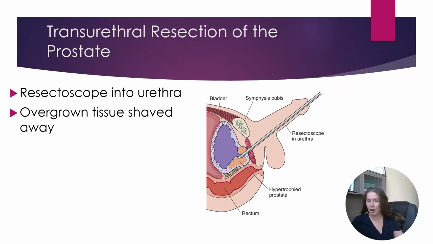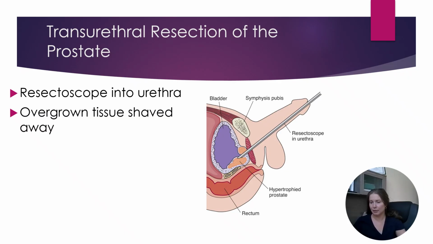This is where the surgeon is going to use kind of like an electrical loop and shave off any excess prostate tissue that's blocking our urine flow.